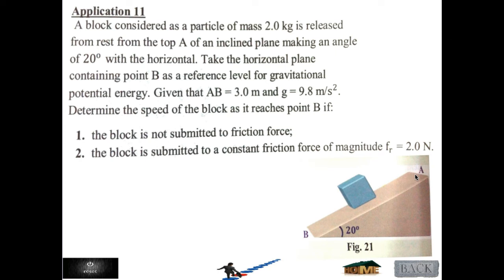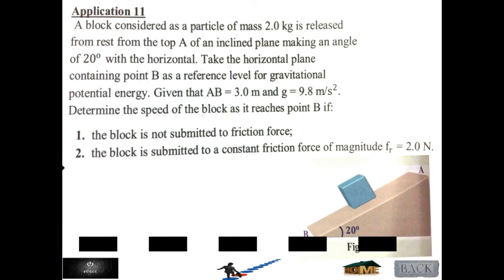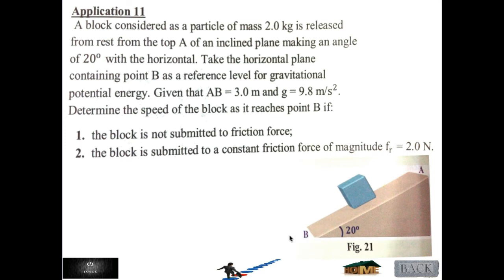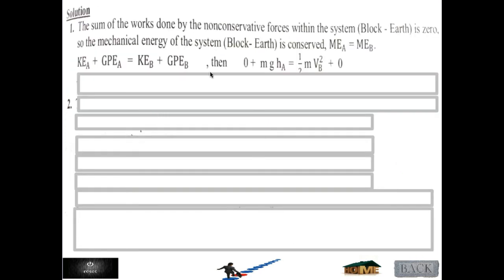Gravitational potential energy at B is zero because we take the reference of gravitational potential energy at B, so the height of B is zero.